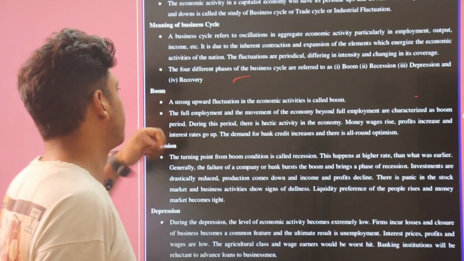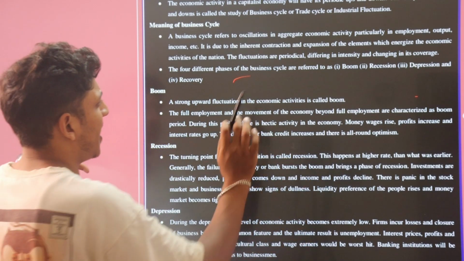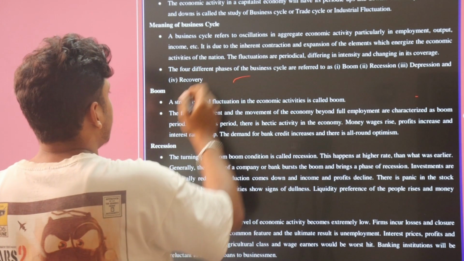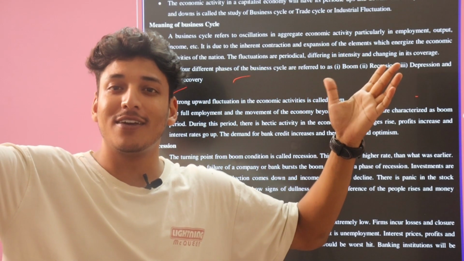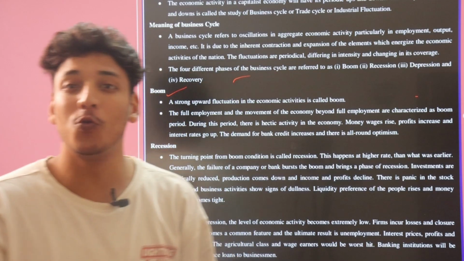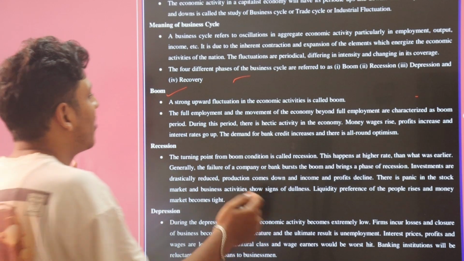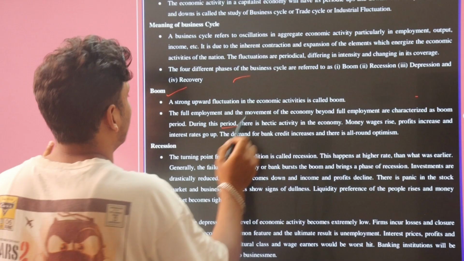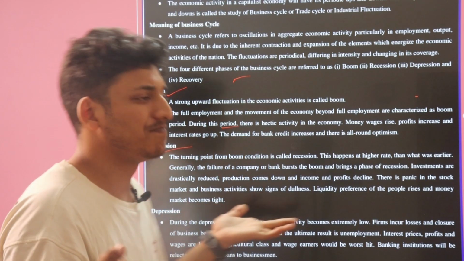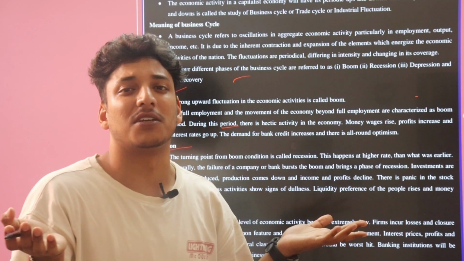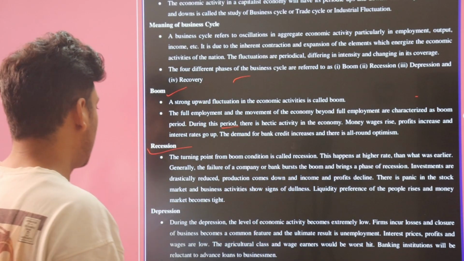Now there are a few terms in our business cycle. First, boom: a sudden growth of the economy is a boom in our market. Recession is a time period when there is a decline in the economy.